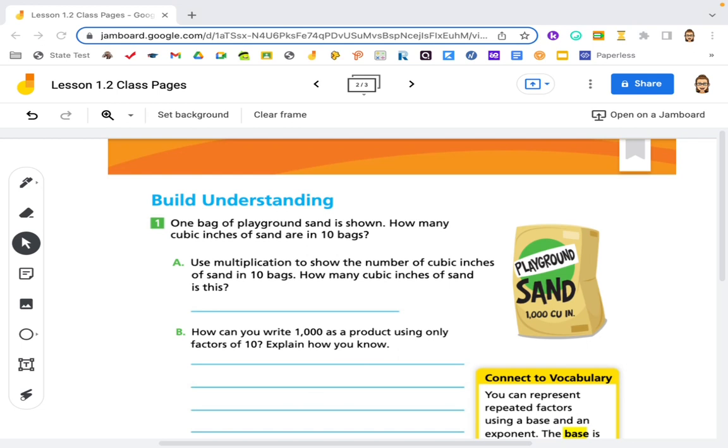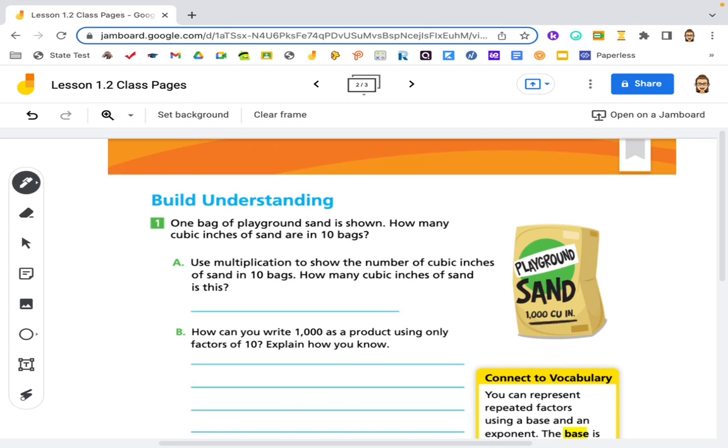We are going to start on page 10 and the build understanding. So it says, 1 bag of playground sand is shown. How many cubic inches of sand are in 10 bags? Use multiplication to show the number of cubic inches of sand in 10 bags. How many cubic inches of sand is this? So right here it tells us that there are 1,000 cubic inches.